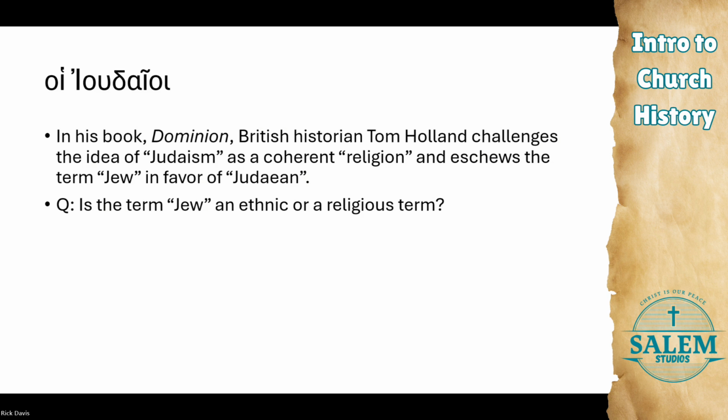All I'd say is that's where we get our term Jew. It comes from Judea, the ancient region of Judea, which is descended from the southern kingdom of Judah. Jesus himself is a Judean, a descendant of the tribe of Judah.